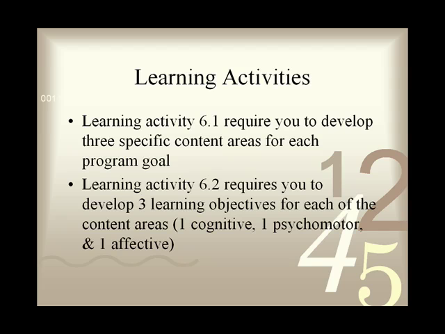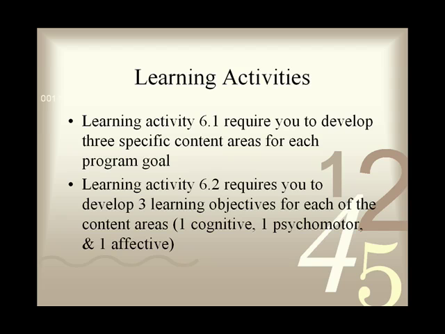So with that in mind, the learning activities. In learning activity 6.1, you'll develop 3 specific content areas for each of your program goals. So if you have 3 program goals, you're going to have 3 specific content areas for each of your program goals. So that'll be a total of 9 content areas.